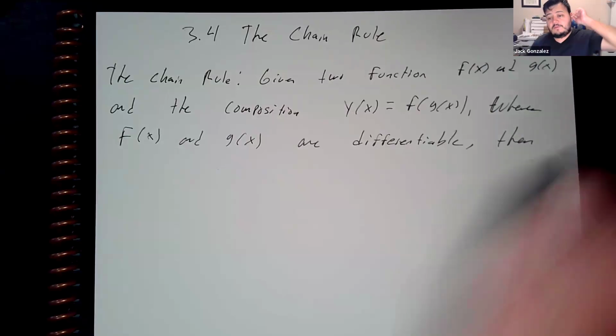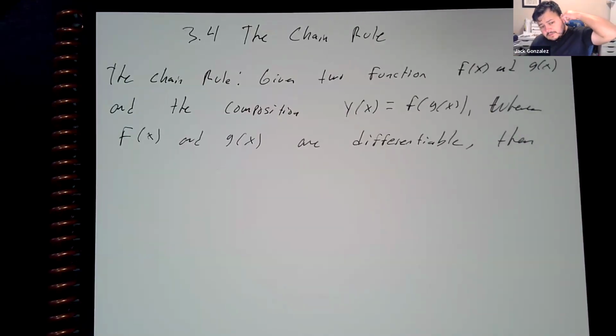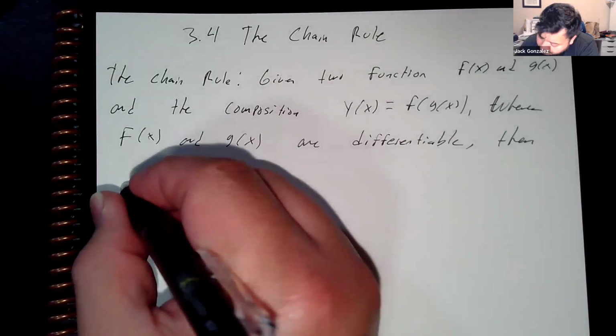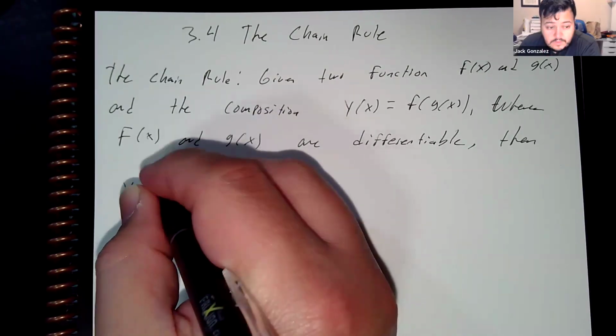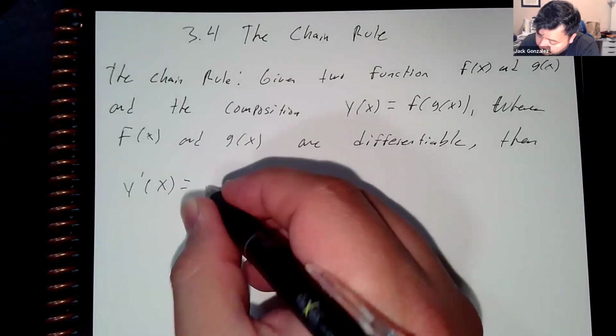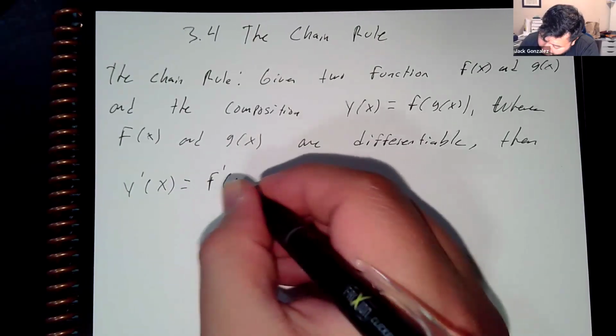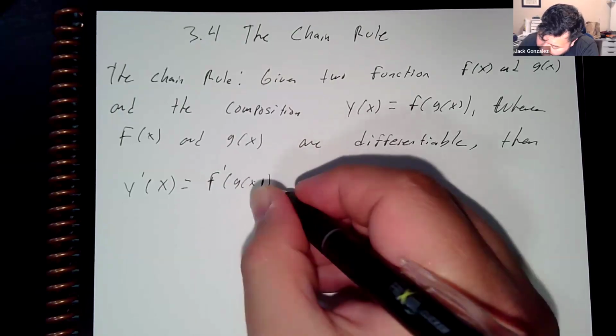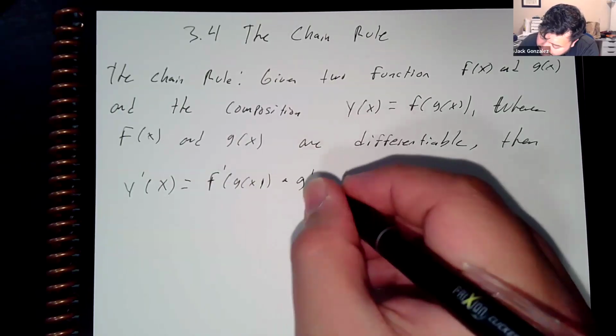Then the following is true. So this is how I think of the formula. If you want y prime, what you do is take the derivative of the outside function, leave the inner one alone, and then multiply by the derivative of the inner function.